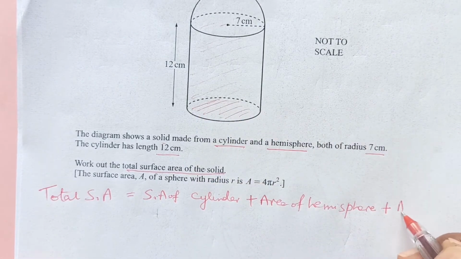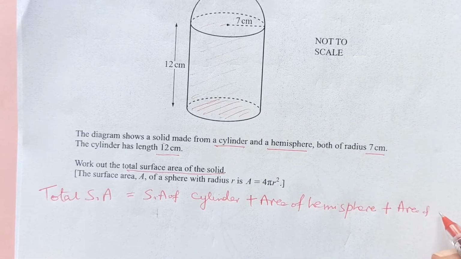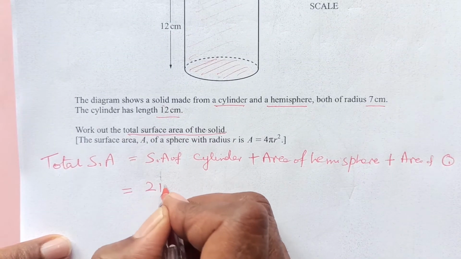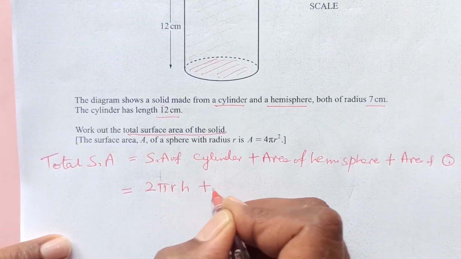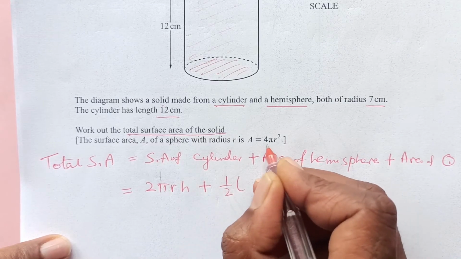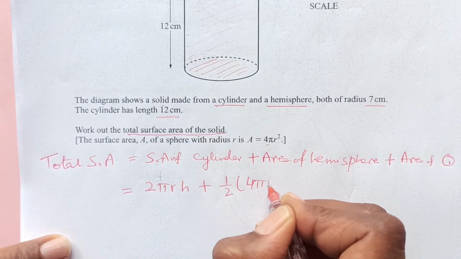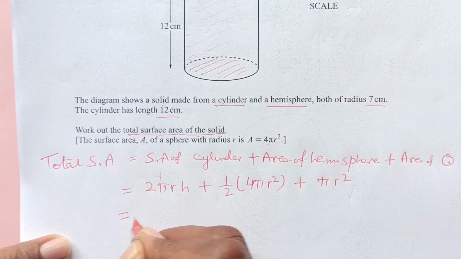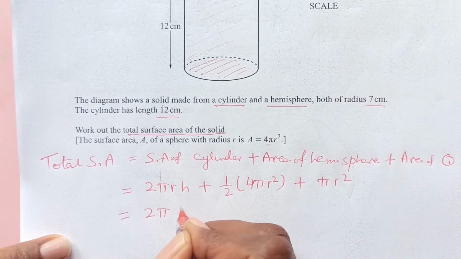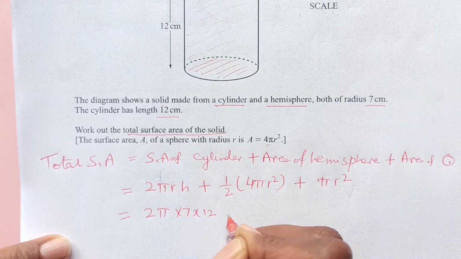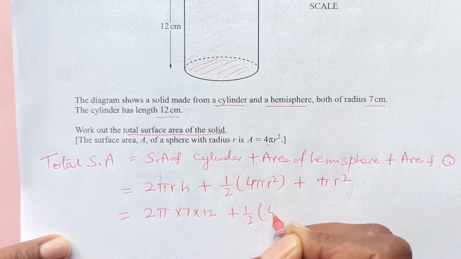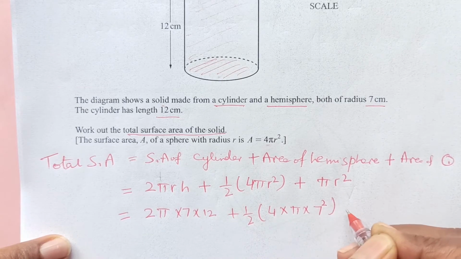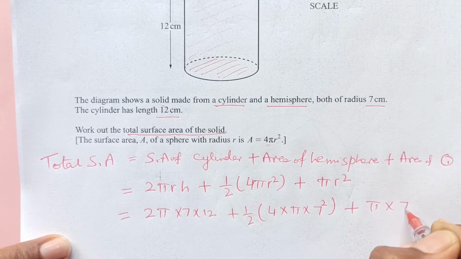So the bottom is a circle, area of circle, right? So surface area of cylinder is 2 pi r h. Area of hemisphere is half of 4 pi r squared, plus area of circle is pi r squared. So 2 pi times 7 times 12 plus half into 4 times pi times r, which is again 7, plus pi into 7 squared.